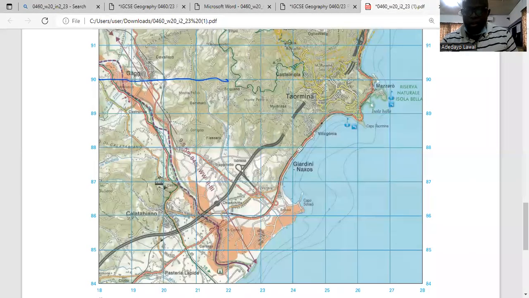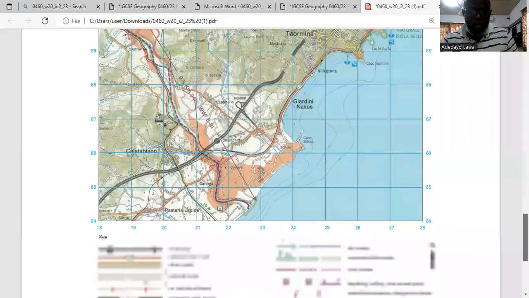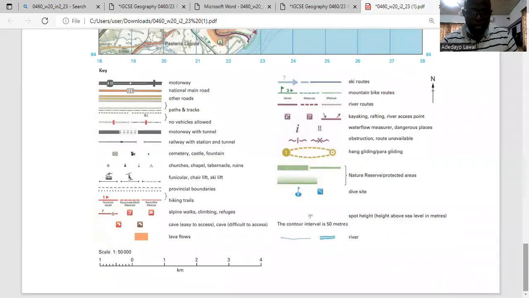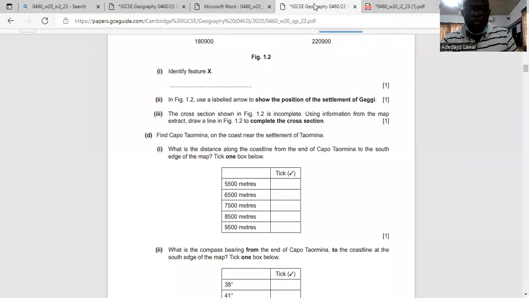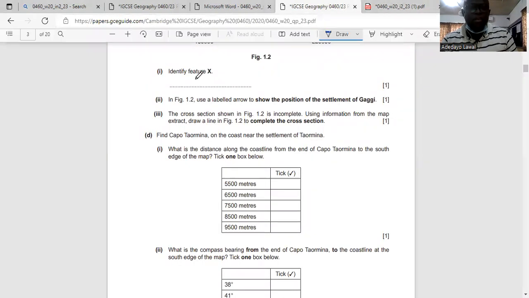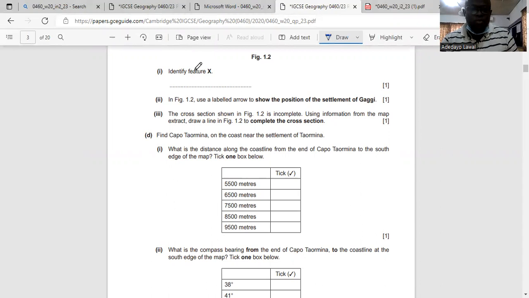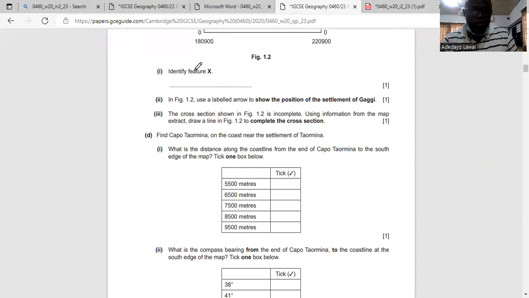Let me look at the scale. The scale here is 1:50,000. So that means for them to get that, let me do a rough calculation here.